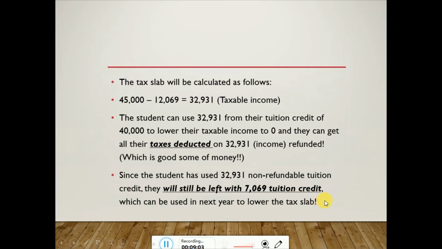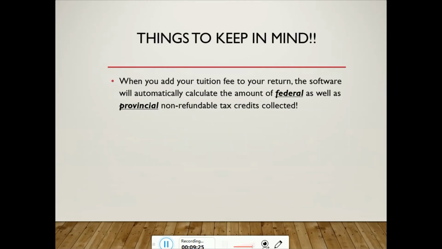That will not bring their amount to 0, but at least it will bring it much lower, and it will help you get some income tax refund back. So that's why it's very important to file taxes each year and make sure you include all your correct slips, meaning your tuition fee form for sure, and that's how you will get the tuition credits accumulated.